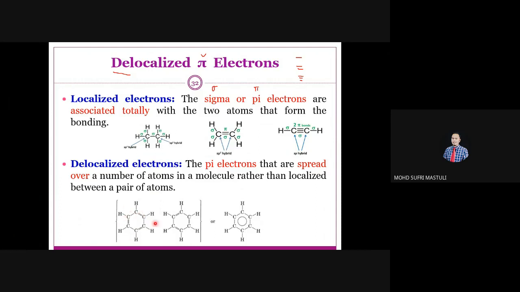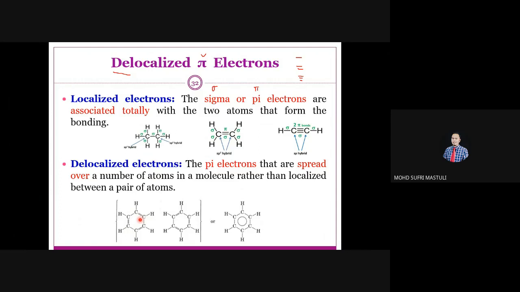But in this particular example, the pi component is a bit different compared to the pi component in this molecule or this molecule. What you can see is that in this ring structure, the pi component can move. The pi component can spread.